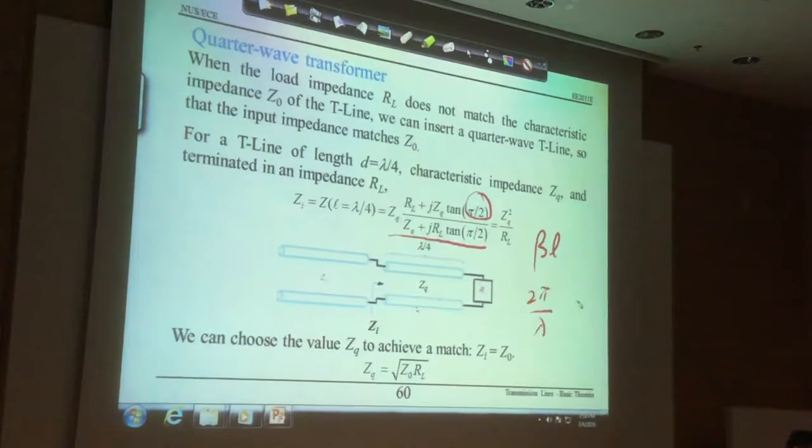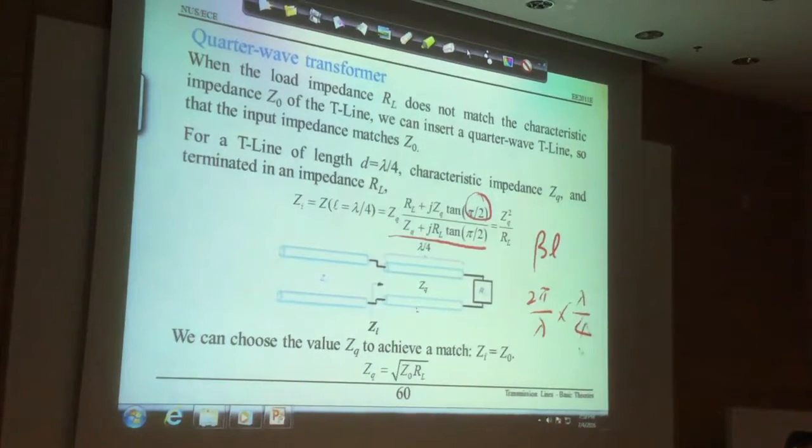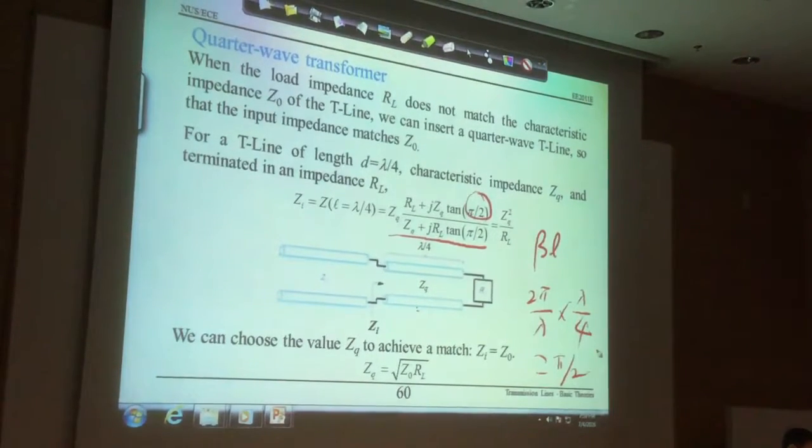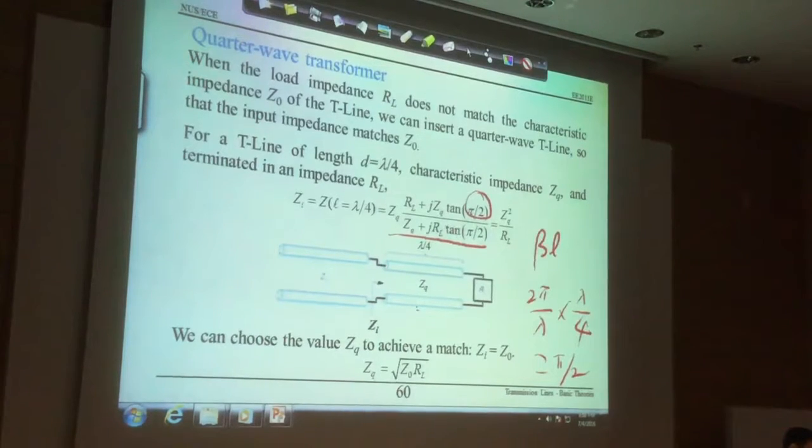Now this length is lambda over 4, so the electrical length is pi over 2. The tangent of pi over 2 is infinite, so the finite terms can be dropped.